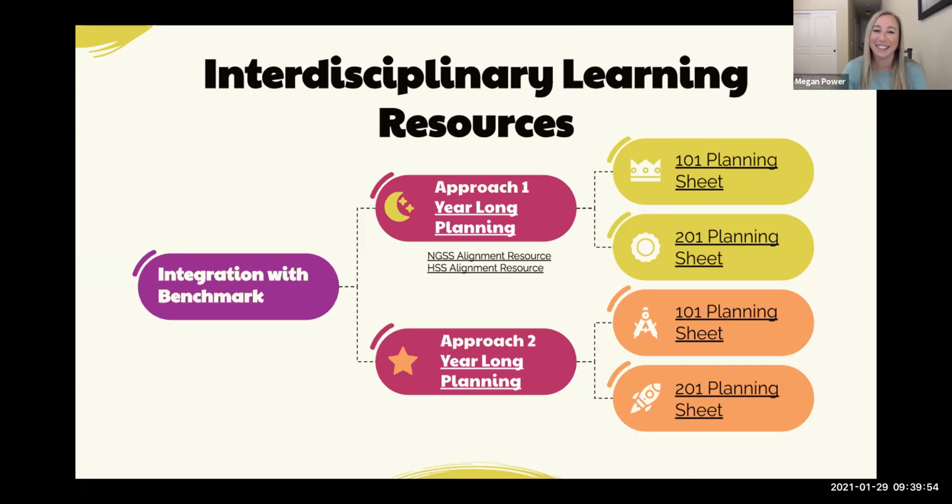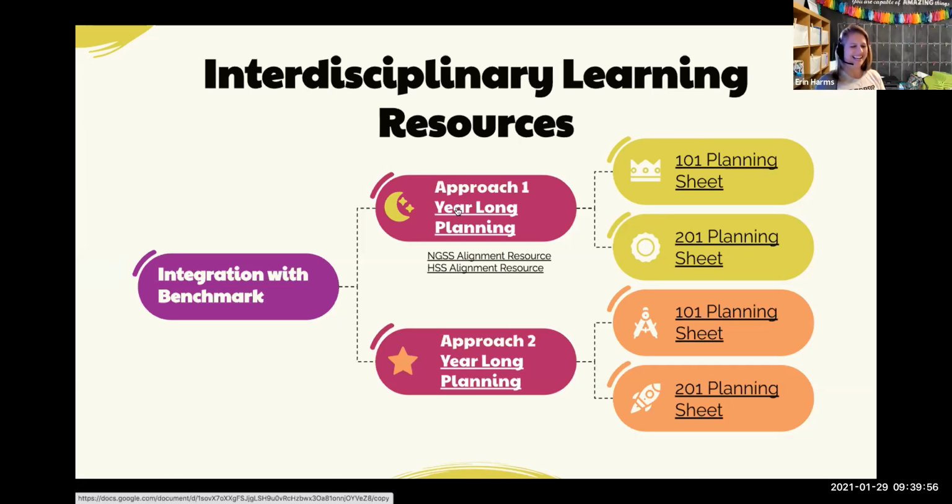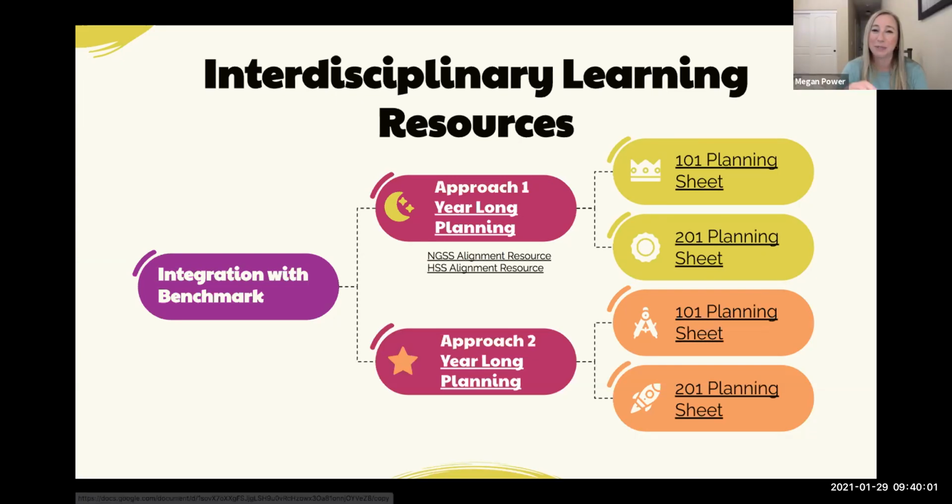So we have these year-long planning documents, and these actually were inspired by somebody on our call right now, the great Mrs. Heil. Thank you, Mrs. Heil. Look what we're sharing, your exploration resources. We had an exploration teacher in our last session, and they've been doing a lot of work this year with combining and looking to see how they can integrate the benchmark units of study and the science and social studies and social emotional learning. That's all found on Canvas.